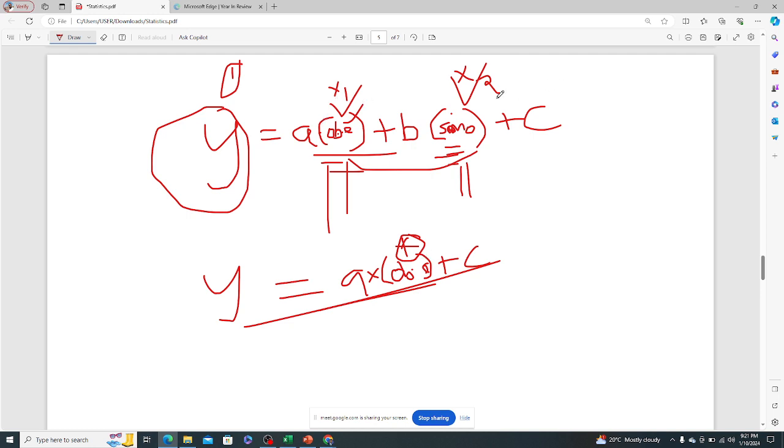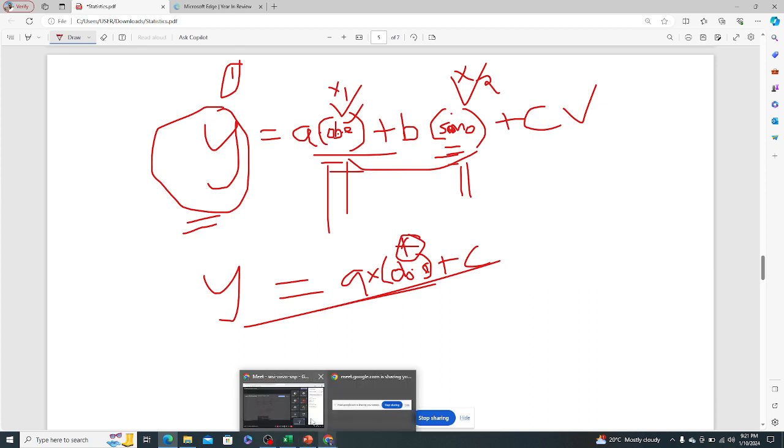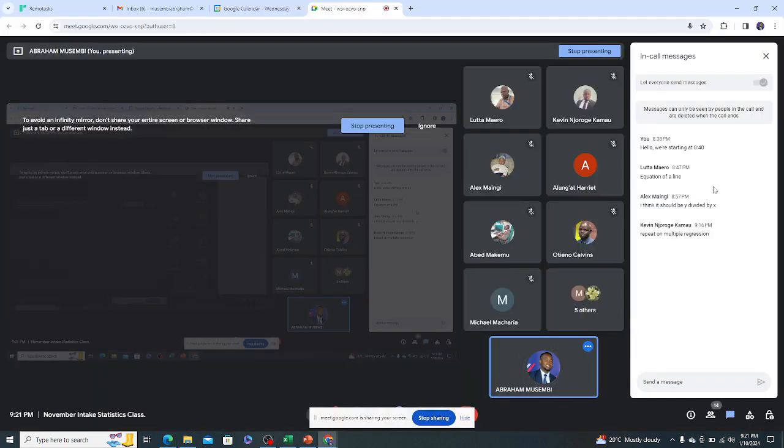You can see we are using two independent variables to determine our output. So that's the difference. Multiple linear regression involves two factors to determine your outcome, but simple linear regression uses only one factor to determine your output. Is that now clear, Joroge?